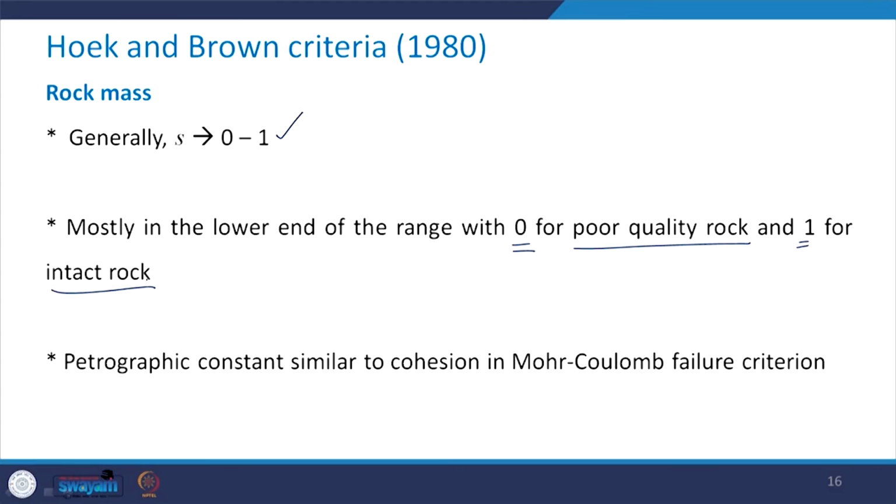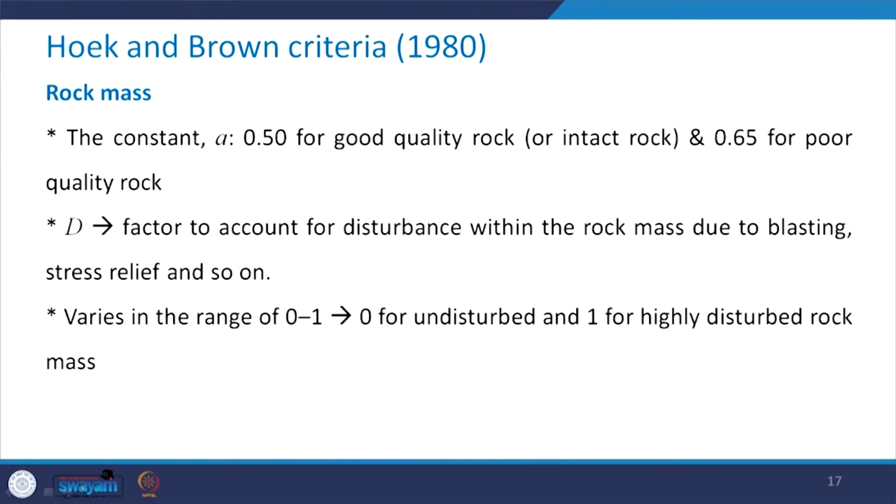The petrographic constant, which is s only, is very much similar to the cohesion in the Mohr-Coulomb failure criterion. The constant a is 0.5 for the good quality rock or the intact rock, and it takes a value of 0.65 for poor quality rock.